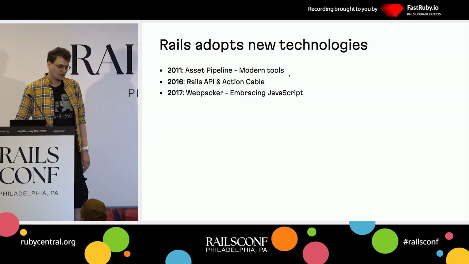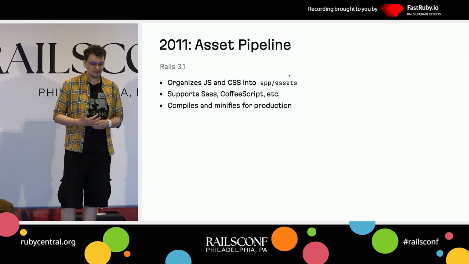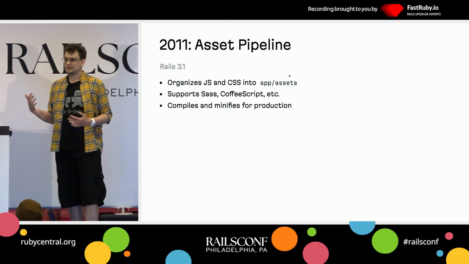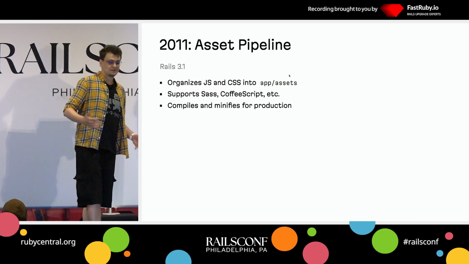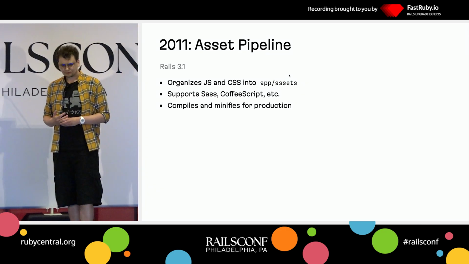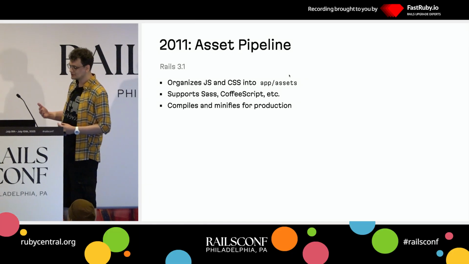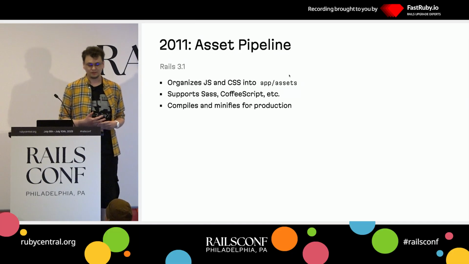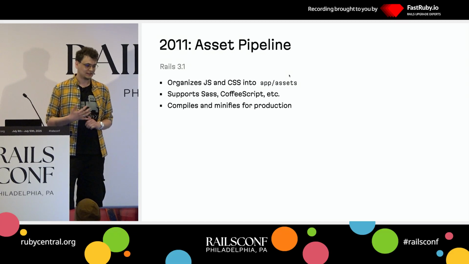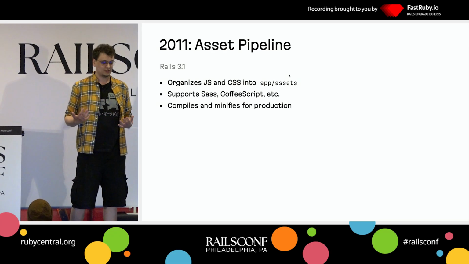new things. So the assets pipeline came in Rails 3.1, and Rails developers got access to Sass, CoffeeScript, and other modern JavaScript tools. But with time, Rails realized that we need to improve the assets pipeline to keep up with the accelerating JavaScript ecosystem.